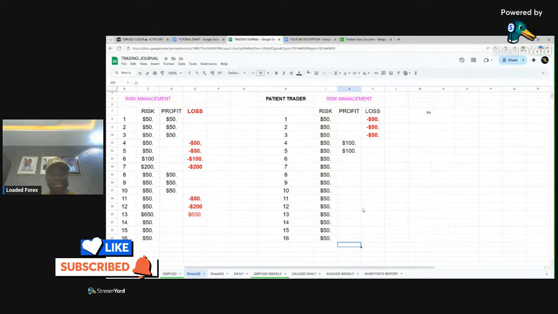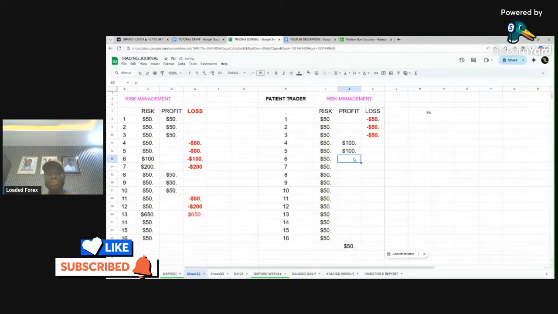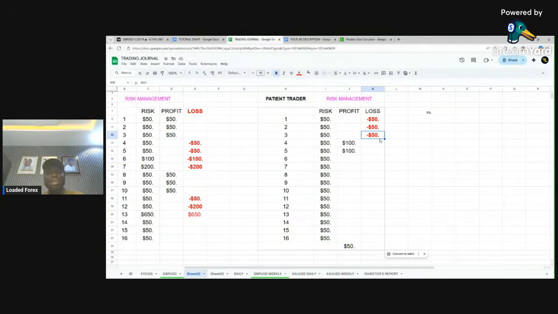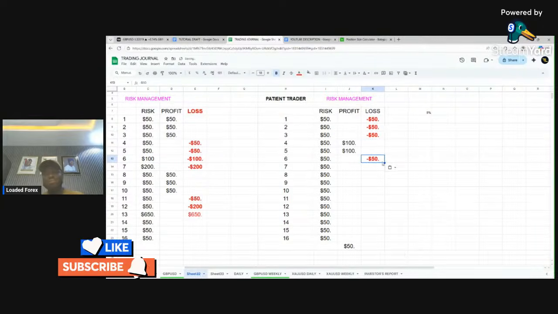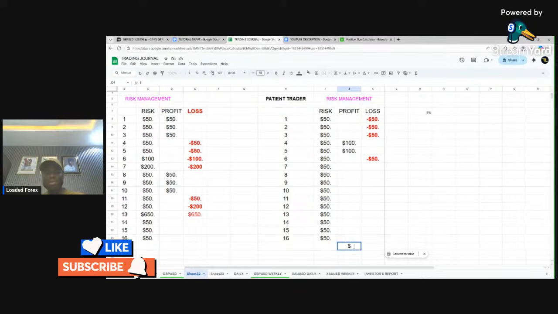Let me write it here. $50 profit. Do you understand? Then my next trade, I encounter another bad trade. I lose my 6th trade, and I'm back to $0.